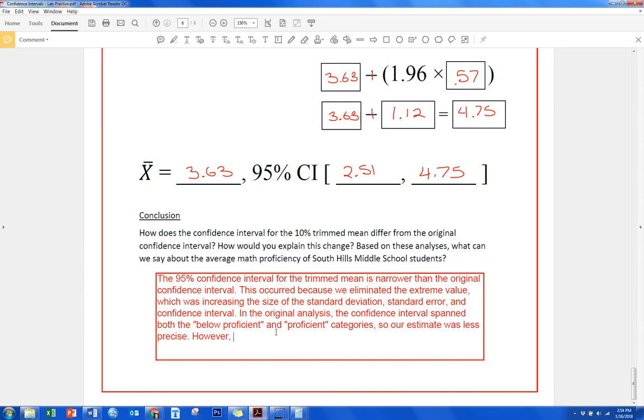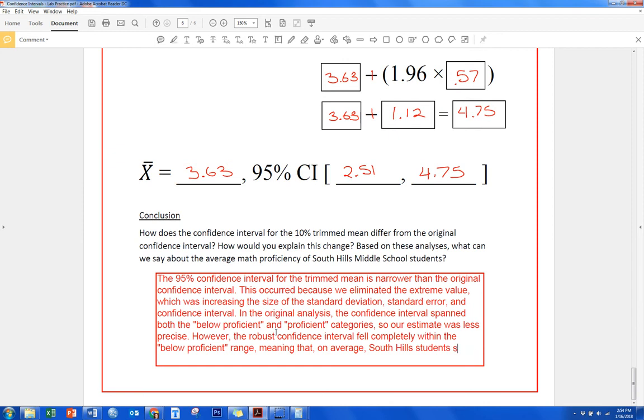However, the trimmed confidence interval, or let's say the robust confidence interval, fell completely within the below proficient range, meaning that on average, South Hill students are not proficient in math.